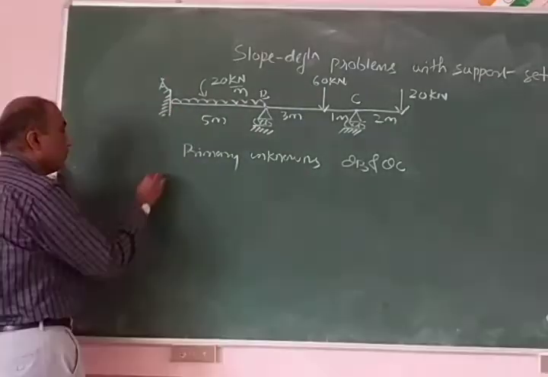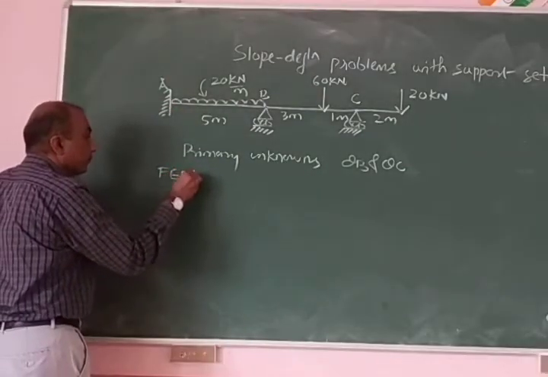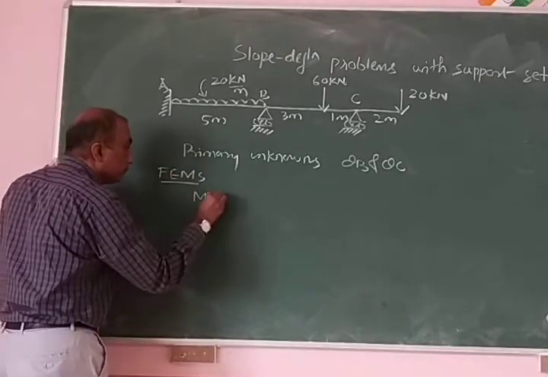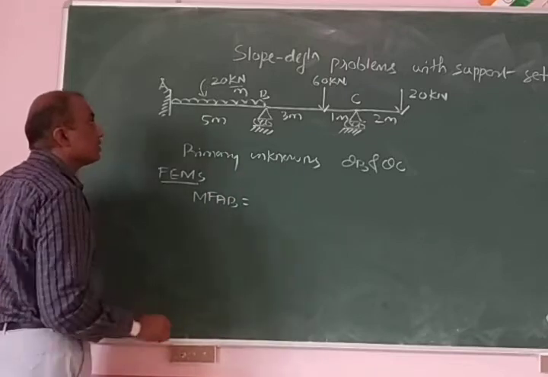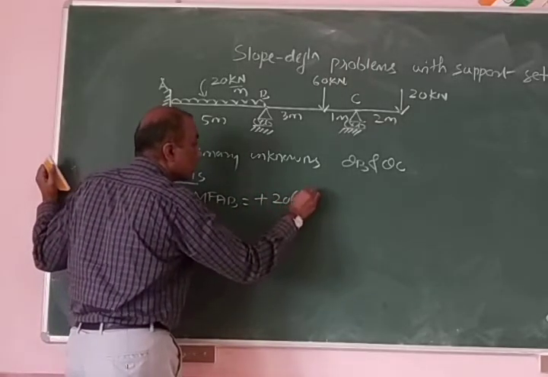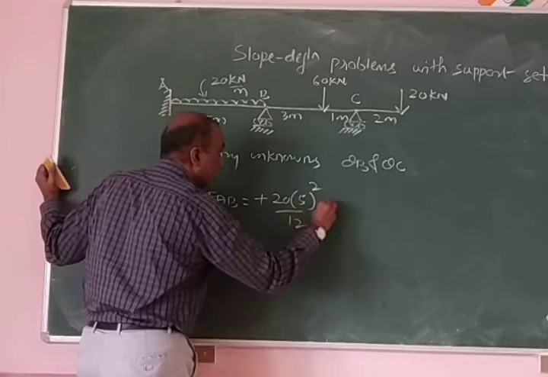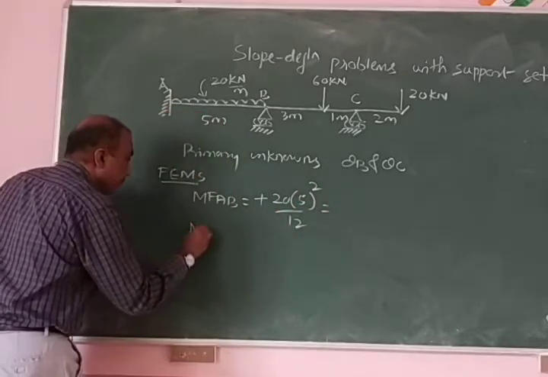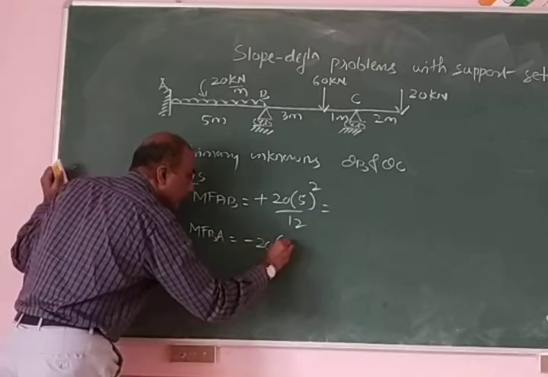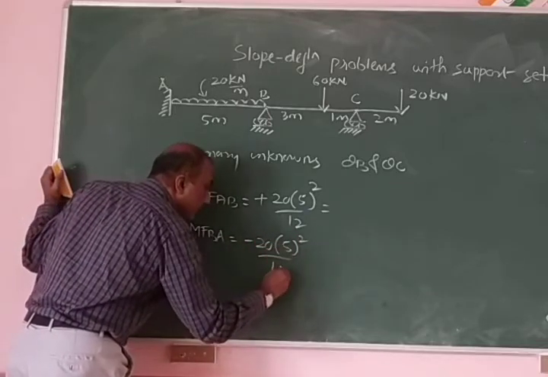Now let us write down fixed end moments quickly. MFAB is equal to how much? Plus W L square divided by 12. MFBA is minus W L square divided by 12.